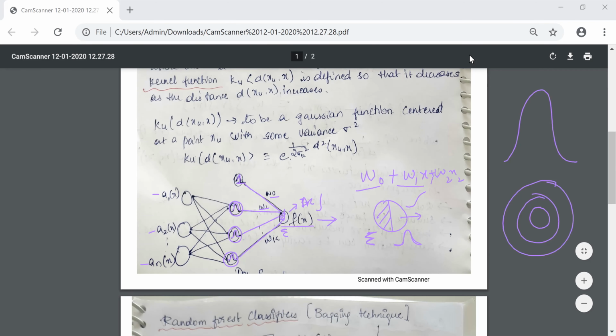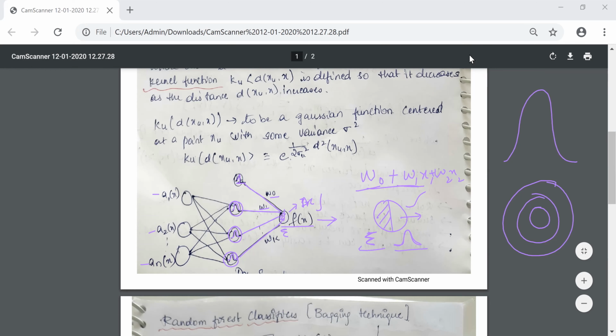That's the first point. The second point is that whenever I talk about the radial basis function with respect to the neural network, the pre-activation function I'm going to consider is basically the summation of all the input values into their weights. That's my pre-activation function, and my activation function is all the time going to be the radial basis function.